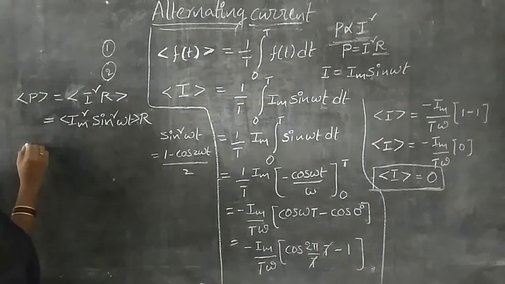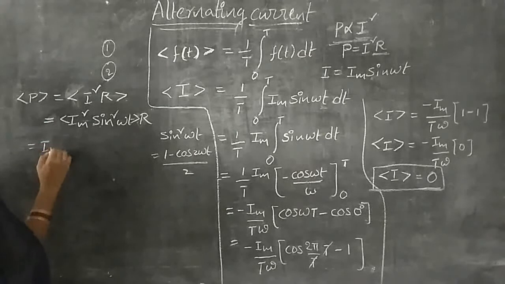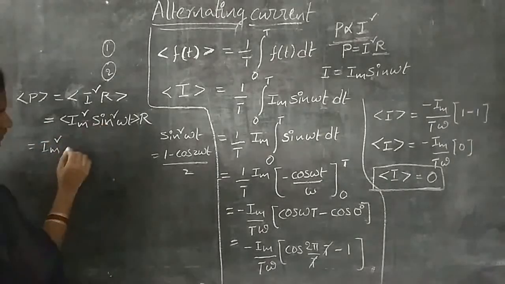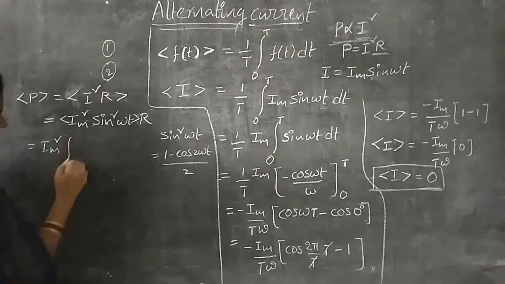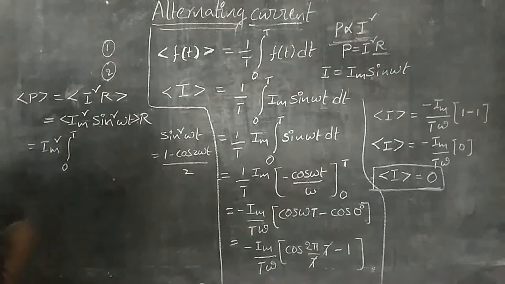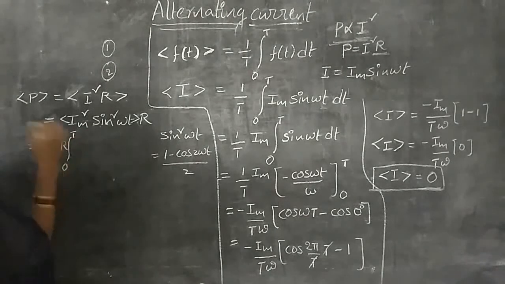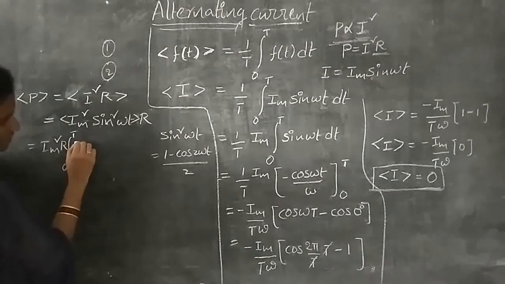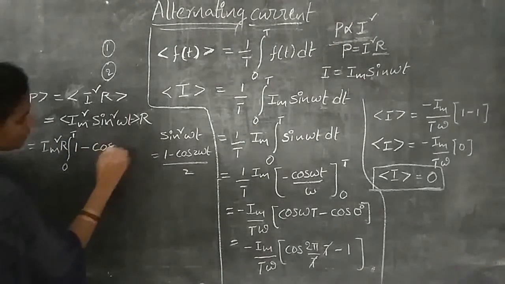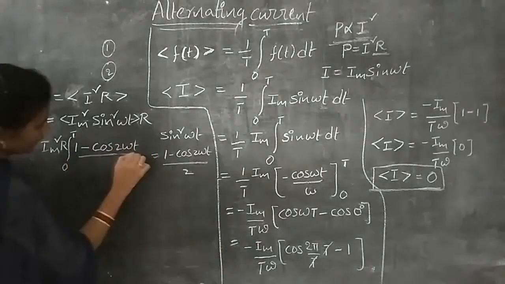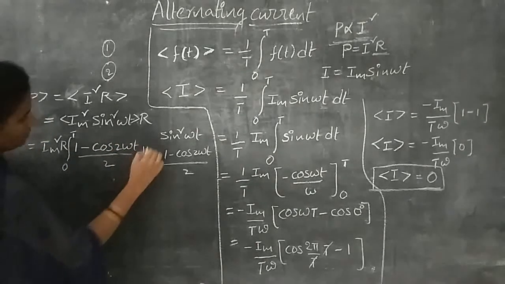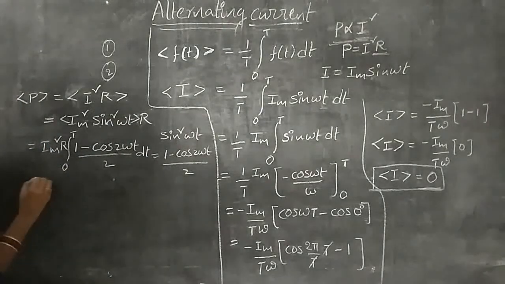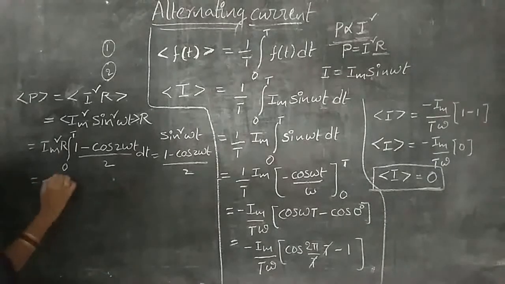So in place of sin square omega t, we write 1 minus cos 2 omega t by 2. The integral from 0 to T of Im square R (1 minus cos 2 omega t)/2 dt.